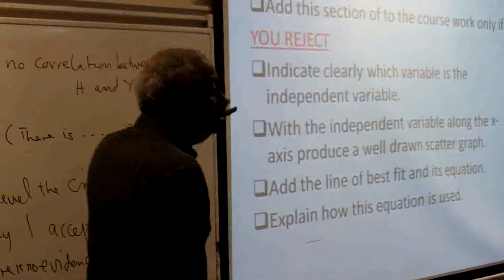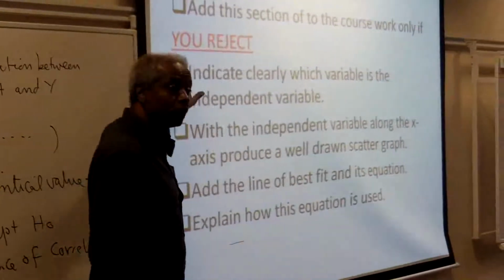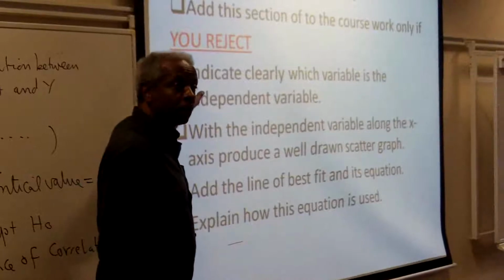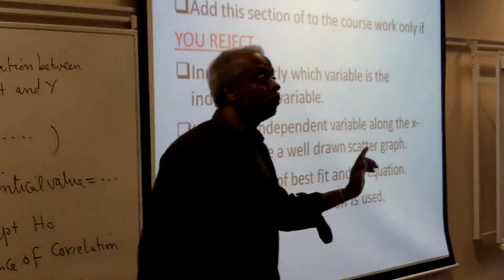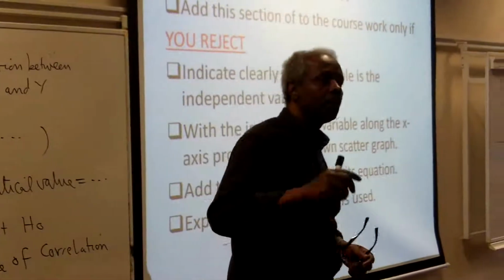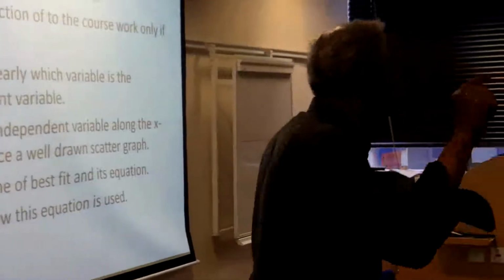Now, there are also subtasks here. The first thing you have to make your mind up about is, looking at H and Y, which of these is the independent variable? Which variable affects the other?